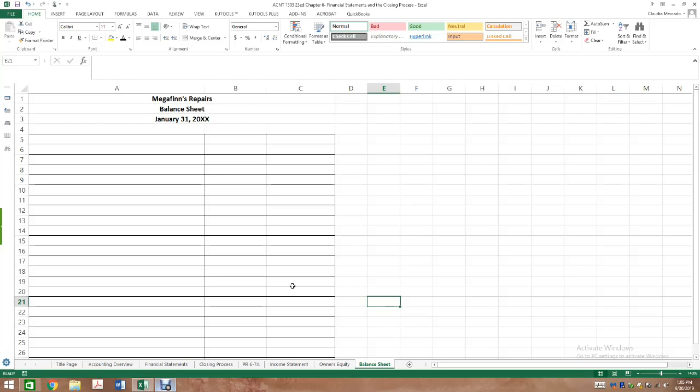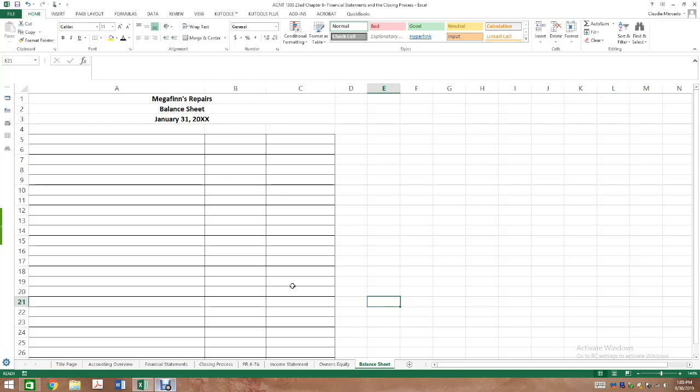Then we have our property, plant, and equipment. These are any assets that are going to last us a longer period of time than a year. This could be your equipment, your building, your land, anything that you're going to retain in your books for a longer period than 1 year.